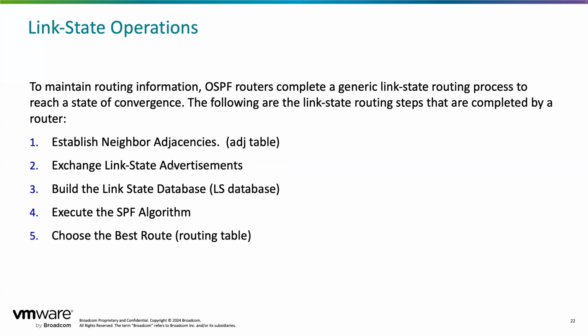Based on all of the LSAs, they build a link state database, so every router has an identical link state database. Using the identical link state database, they invoke the SPF algorithm, which is the standard-based shortest path algorithm, to work out the best route for every subnet. This is the whole operation.